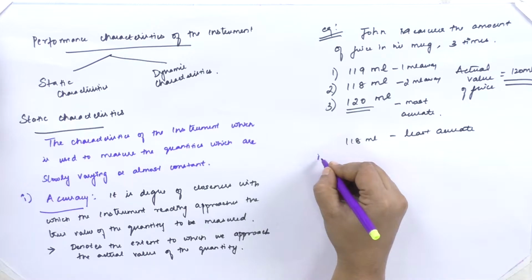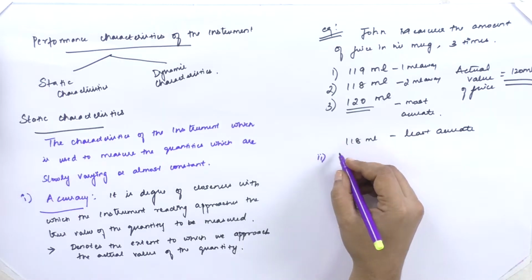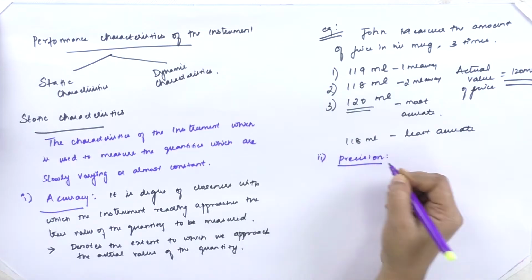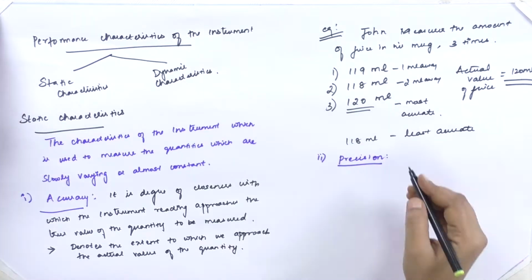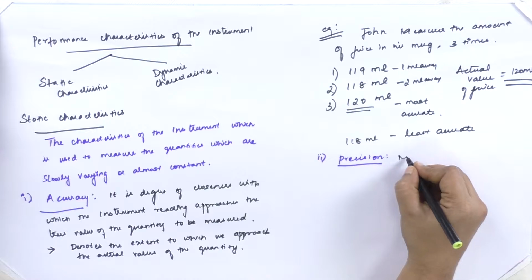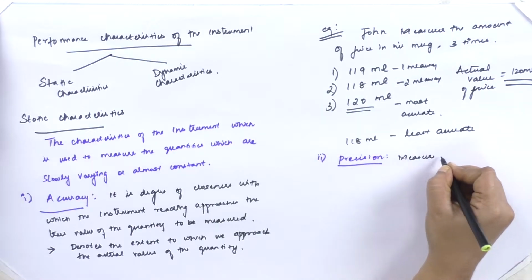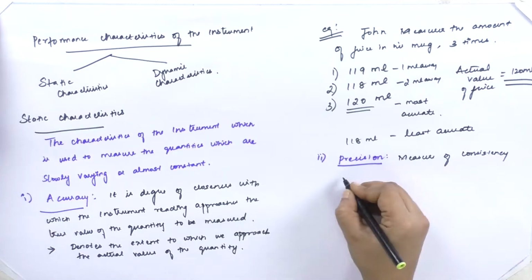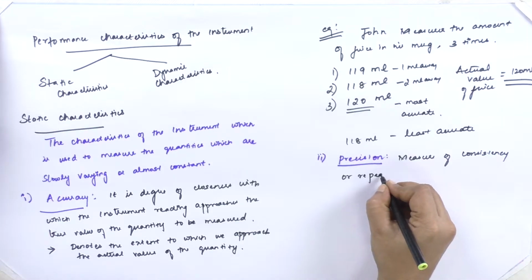Now, let us see the second static characteristics, which is precision. It can be defined as the measure of consistency or repeatability of measurement.